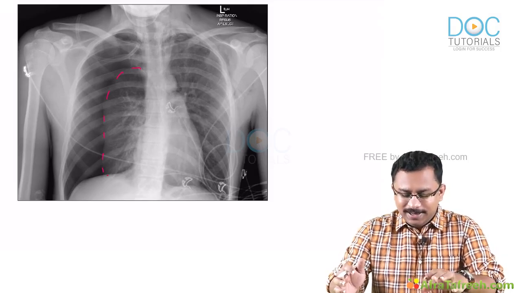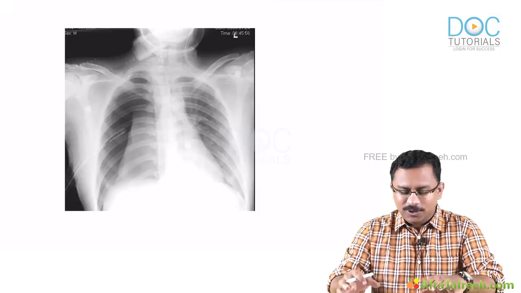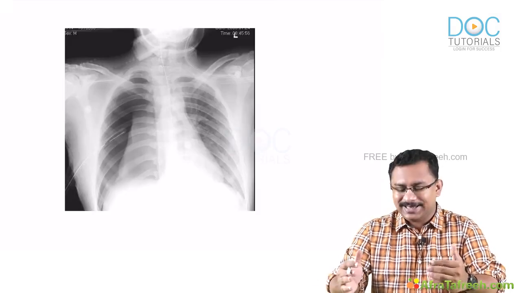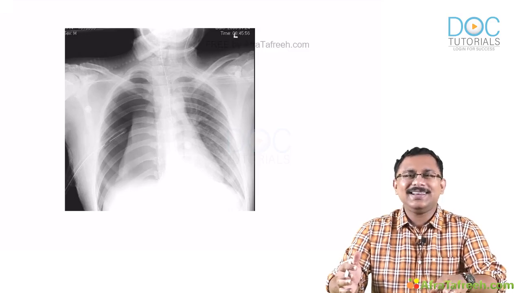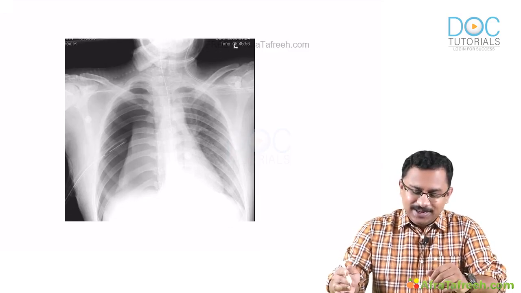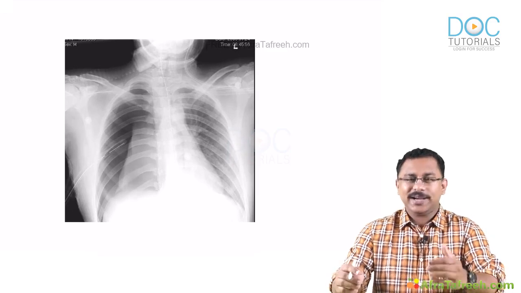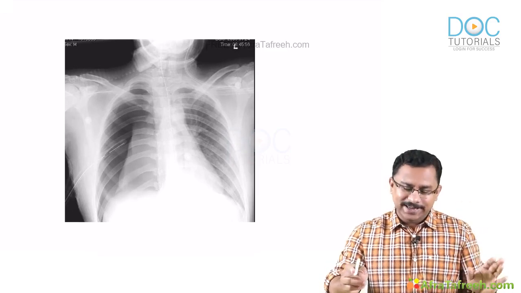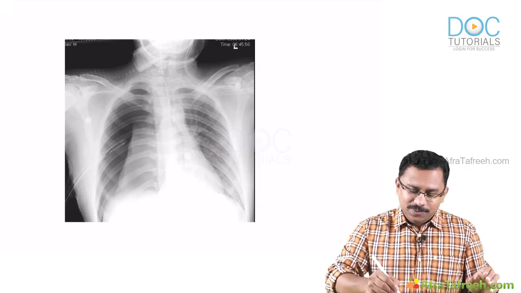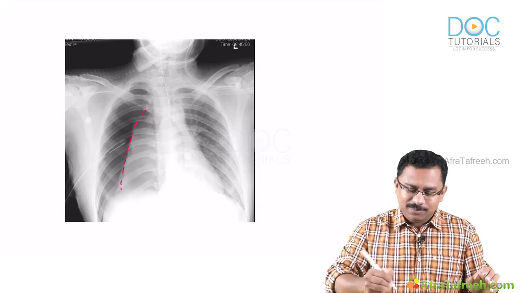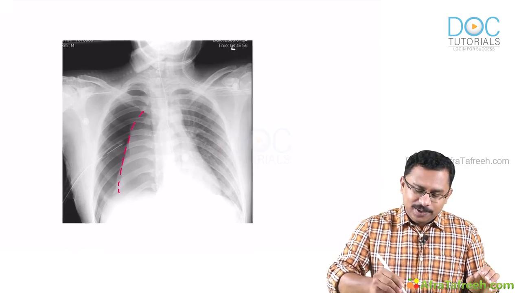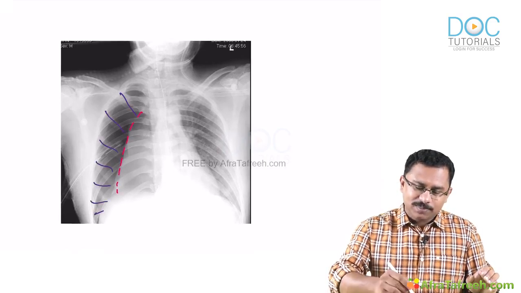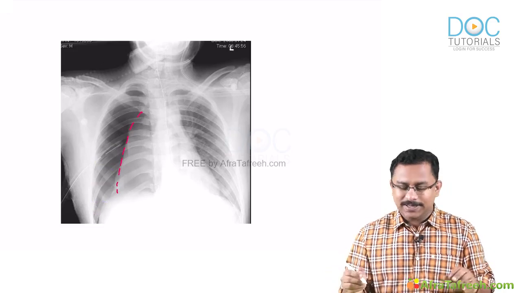Now another named sign in pneumothorax. Can you find out where the pneumothorax is on this side? Is it the left side or the right side? This again is a right-sided pneumothorax, and I showed you this picture to show you a particular sign. First of all, I hope you appreciated the collapsed lung borders here, and that the bronchovascular markings are not there.